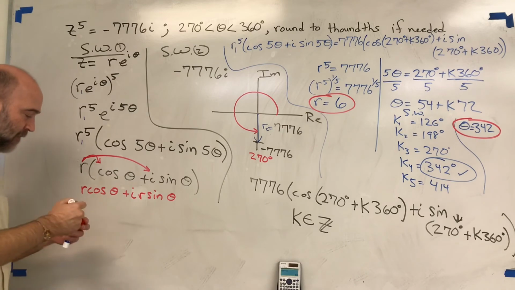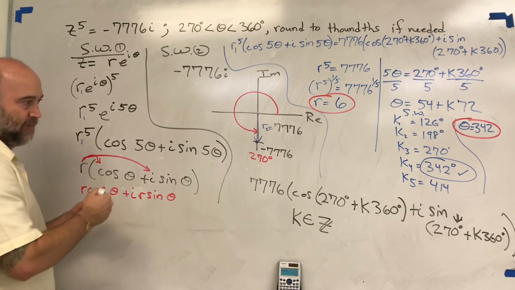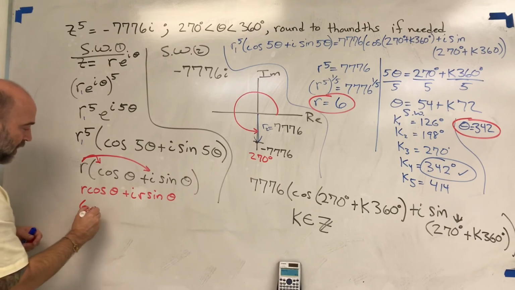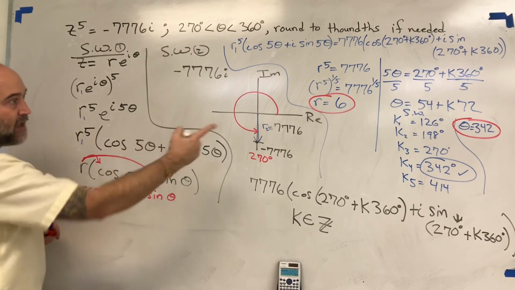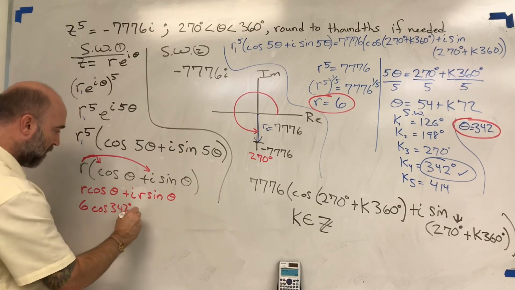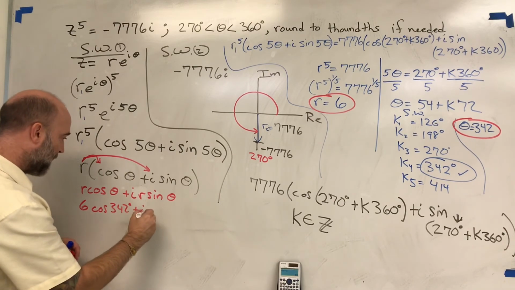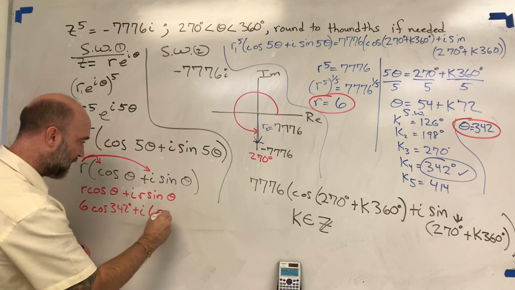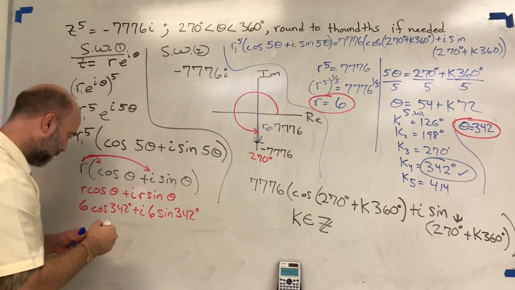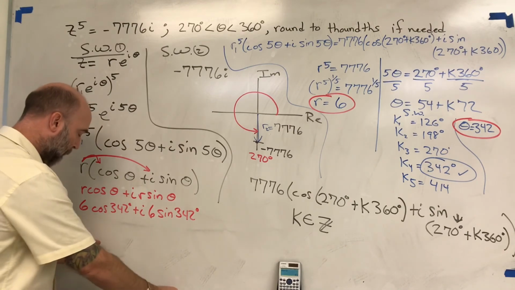Let's plug our numbers in so you see it. Our r is 6, cosine, the theta is 342 degrees, plus i times 6 sine of 342 degrees.